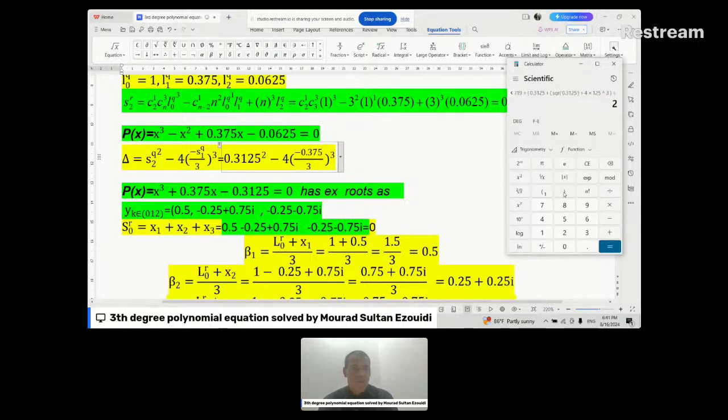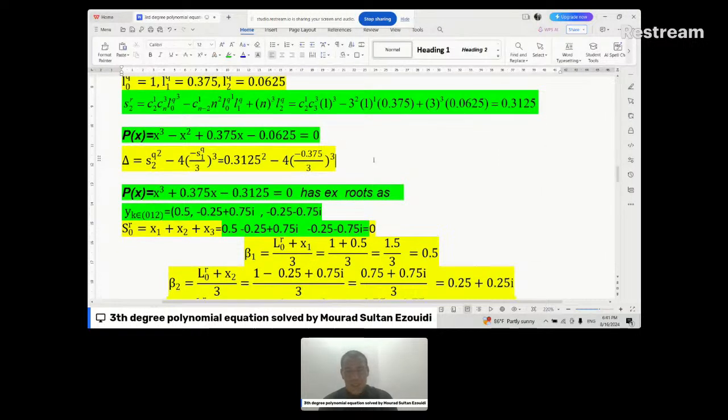Then I will close the parentheses, then raised to the power 1 over 3. I'll see. If not, I'm going to do it separately. So now this one doesn't work. I'll make it separate, learners.